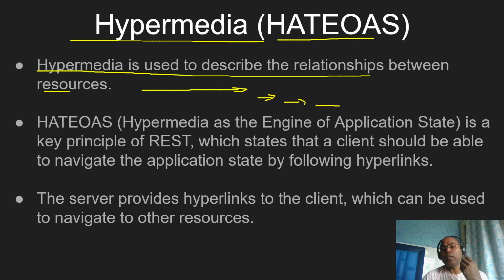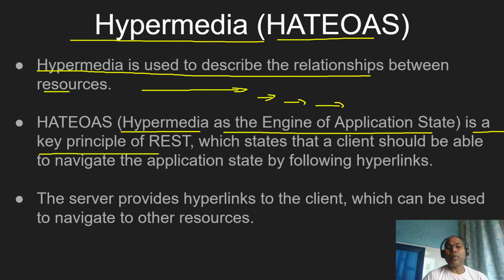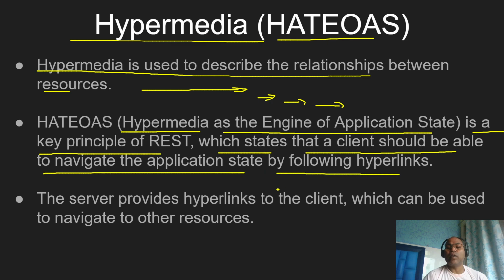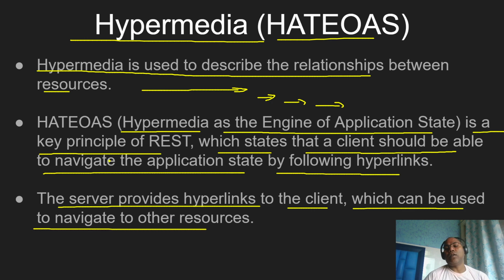So we need hypermedia as the engine of application state. It is a key principle of REST, which states that the client should navigate the application state by following hyperlinks. The server provides hyperlinks to the client, which can be used to navigate to other resources.